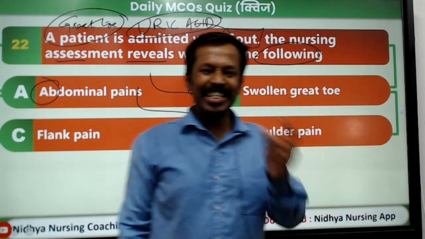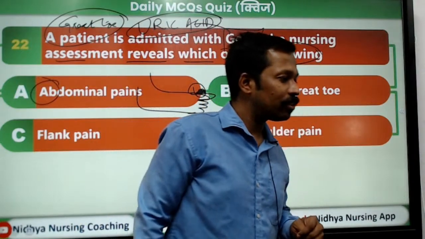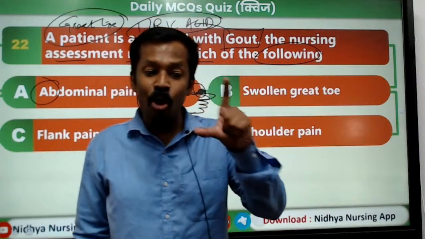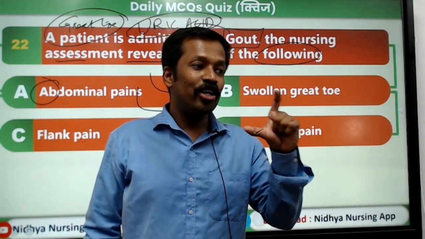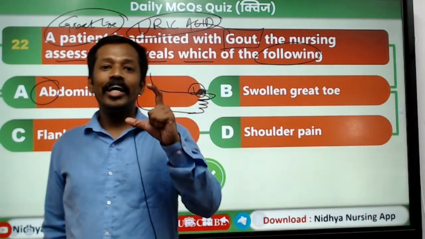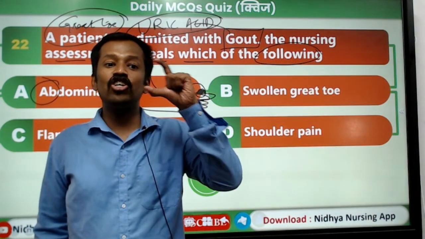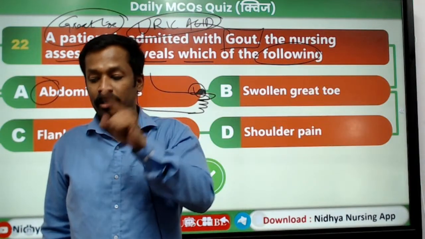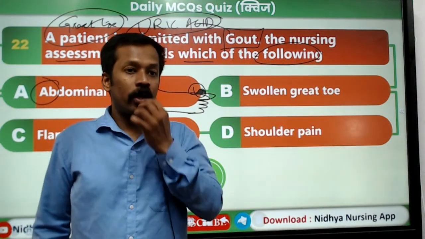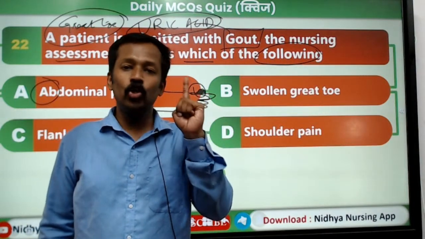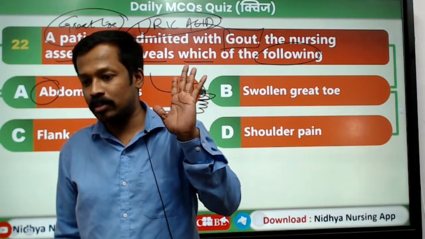Koilonychia, paronychia, they are related to nail, not joint. So find it out, homework. What is the node called in gout? In gout, a node formation at the great toe joint. What is it called? That is another homework. Okay? Find out the name. Don't forget to do the homework.